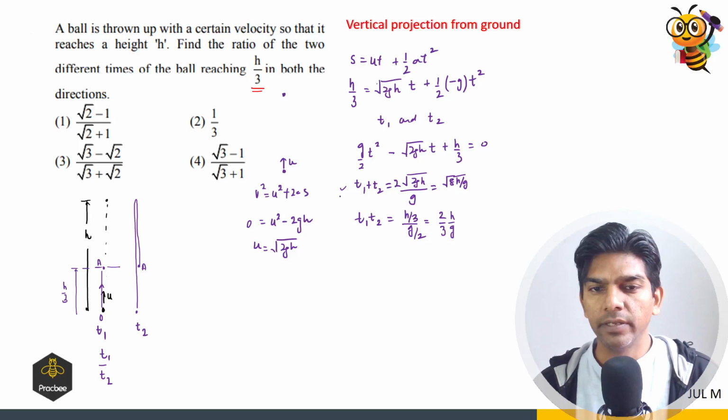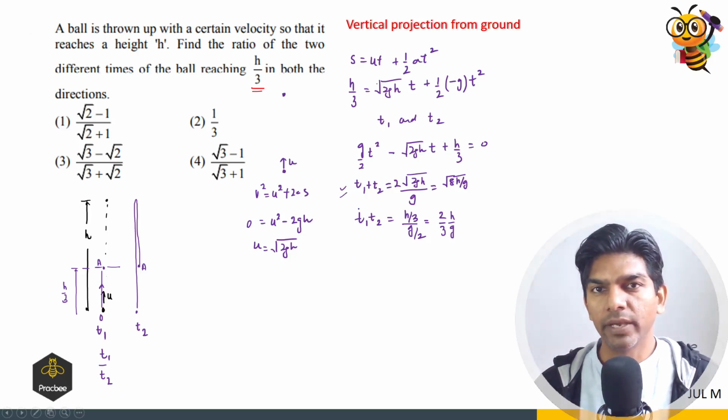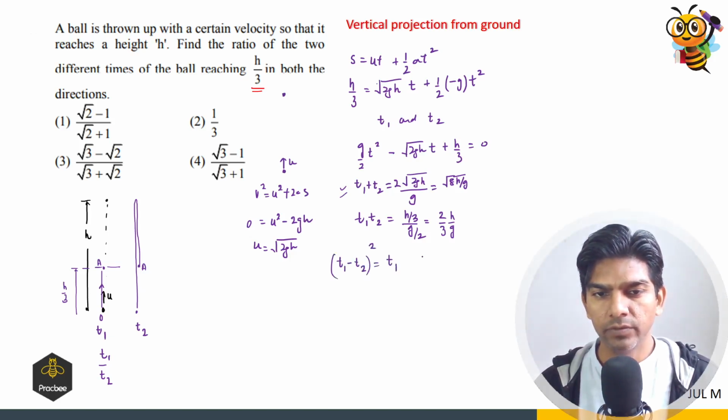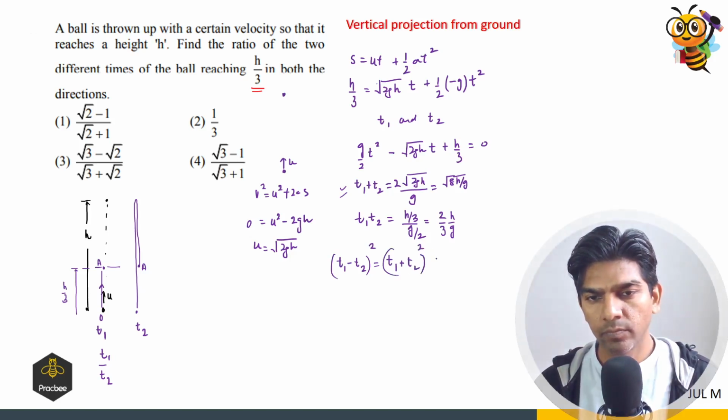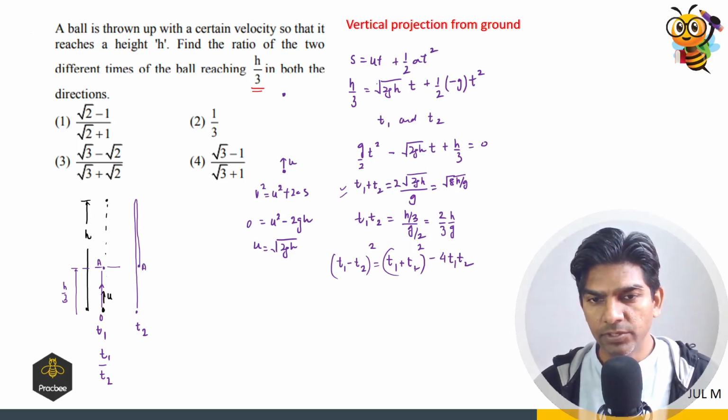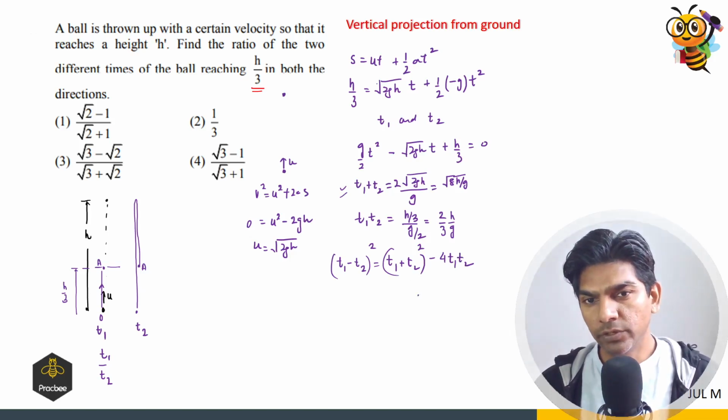Now we got t1 plus t2. Let us find t1 minus t2. So t1 minus t2, square of that, is t1 plus t2 square minus 4 times t1 t2, right? Okay, now let us substitute the value of t1 plus t2 and t1 t2 in this equation.